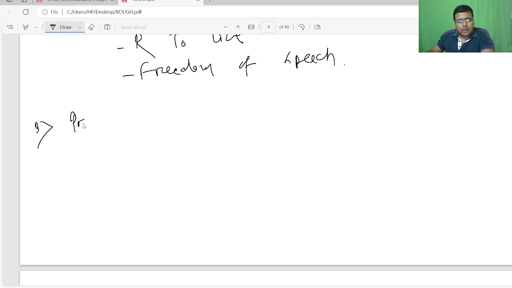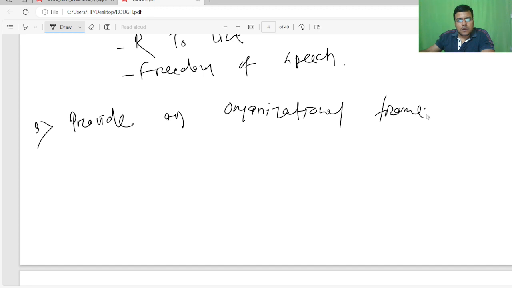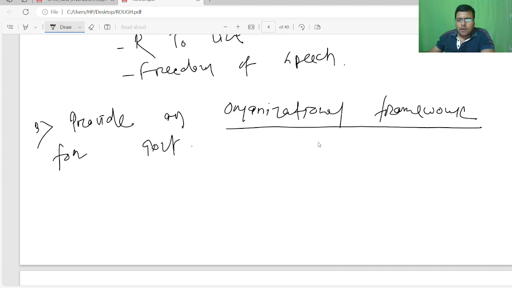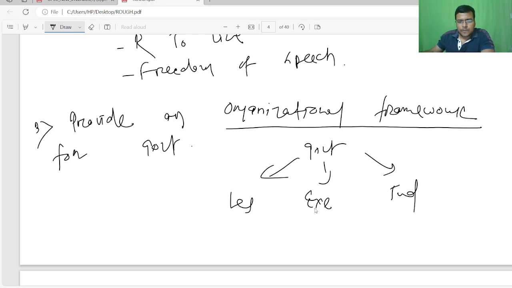It provides an organizational framework for government. What is an organizational framework? For example, in India, we can say the Indian government has three organs: legislature, executive, judiciary.